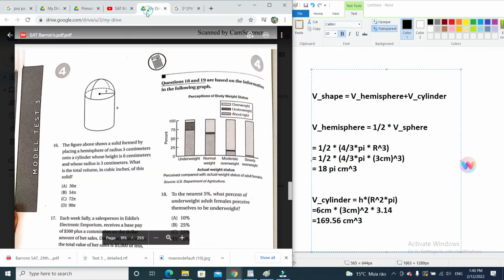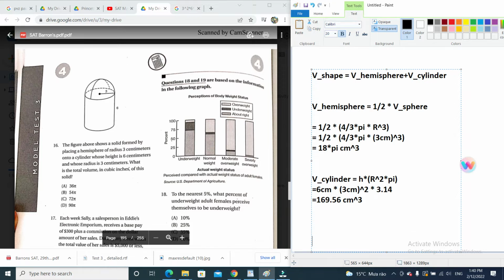Okay, so we have to convert it into pi, right? Sorry, it was a little miscalculation. So this is actually 54 pi centimeters cubed, right?